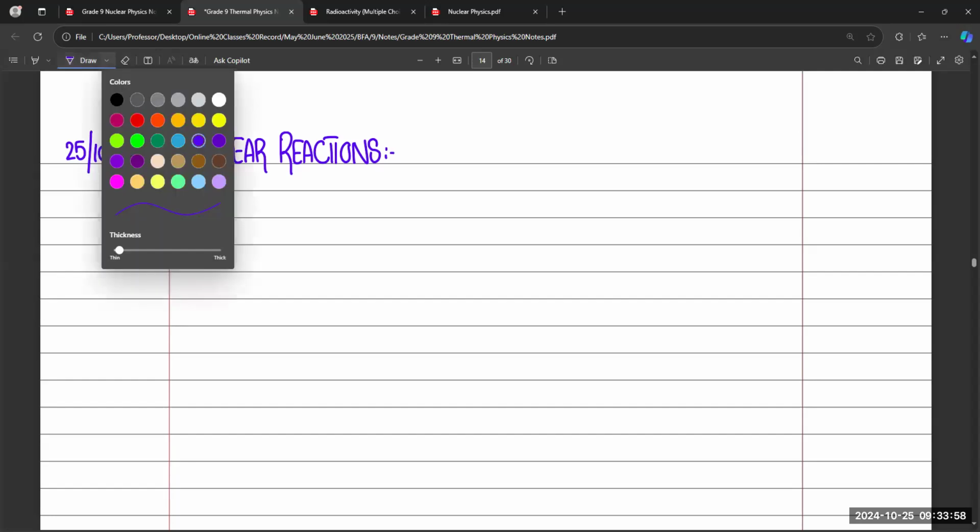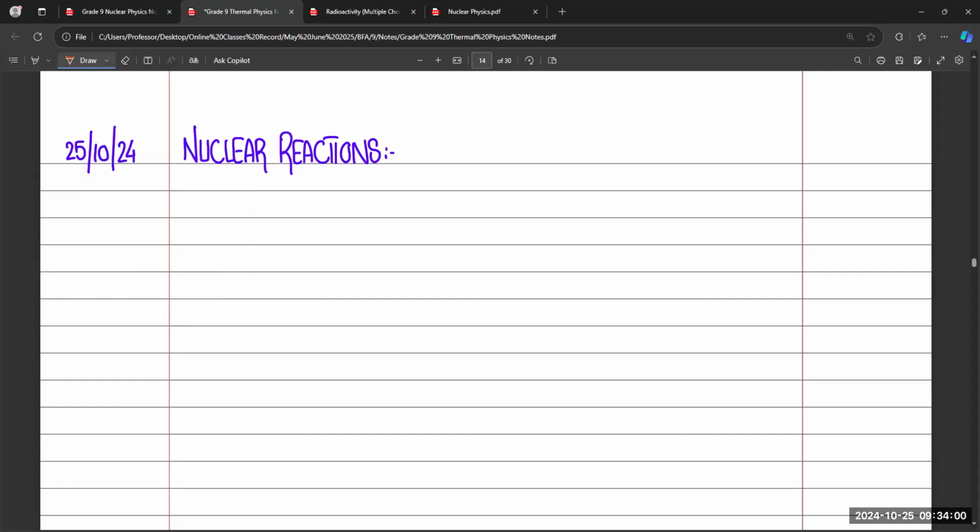So the first reaction is fission reaction. Basically, fission and fusion are opposite to each other.